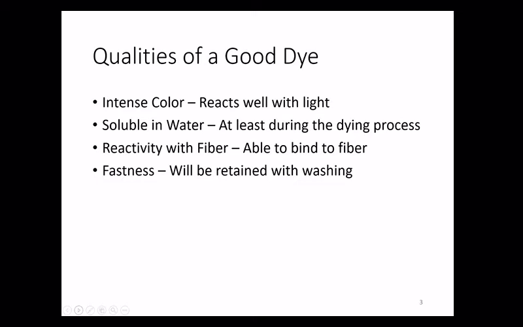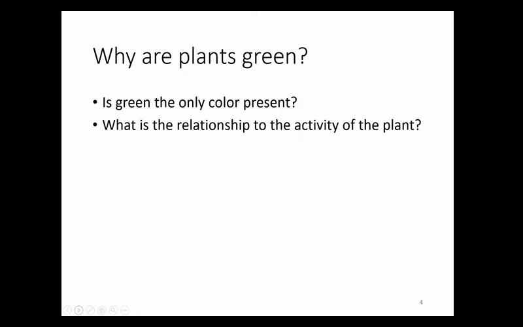And lastly, it must be fast. Well, what we mean by fast or show fastness is that it must be able to be retained as a result of the dyeing process. So even if you wash the fabric or the yarn or the material, the dye itself won't wash out. And so it must be fast to be able to be considered that.